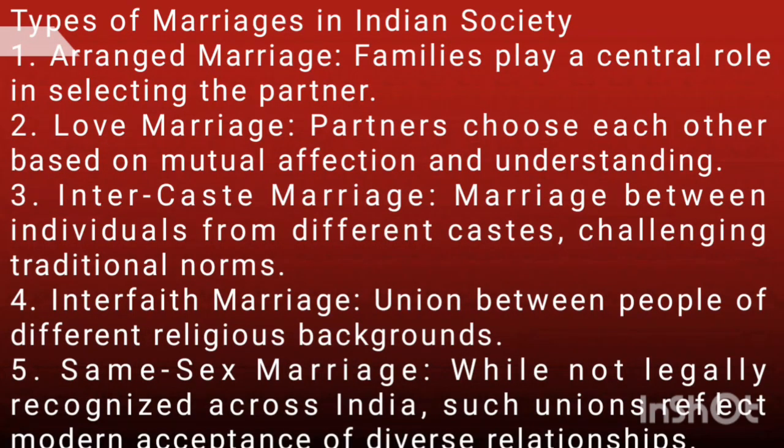Types of marriage in Indian society. Marriages in India include arranged marriages where families choose partners, love marriages based on mutual affection, and intercaste and interfaith marriages that challenge traditional norms, and though less common and not legally recognized nationwide, same-sex unions reflecting modern inclusivity.